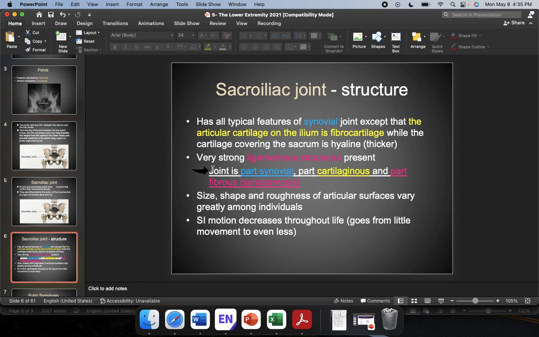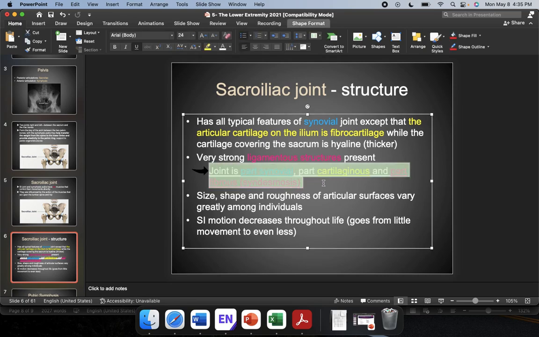The thing that I really want you to glean from this slide is that the sacroiliac joint is a collection of joints that work together to provide stability to a very critical transition between the axial skeleton into the lower extremity.